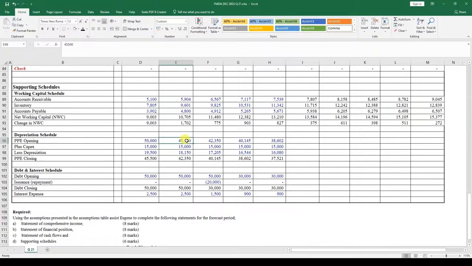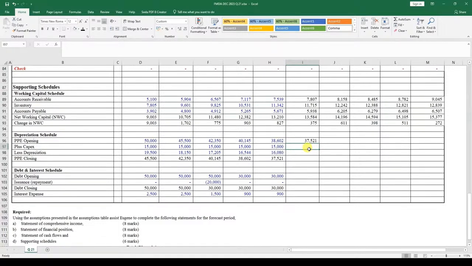This value, which is the opening PPE, is picked from the closing value here. This value has been picked from the closing value here. So it goes without saying that this value here will be picked from the value there. How much is our capex? Our capital expenditure is representative of how much money we are going to spend out within the year.